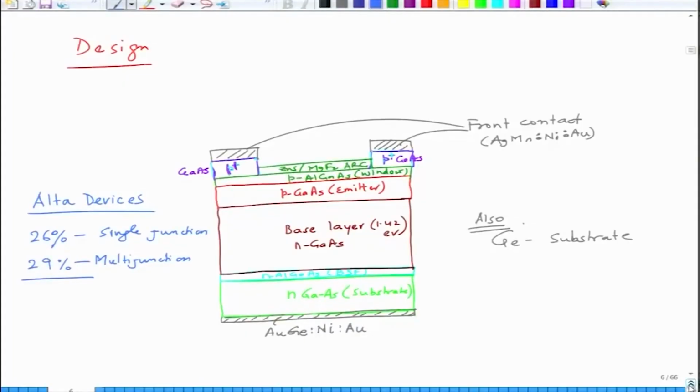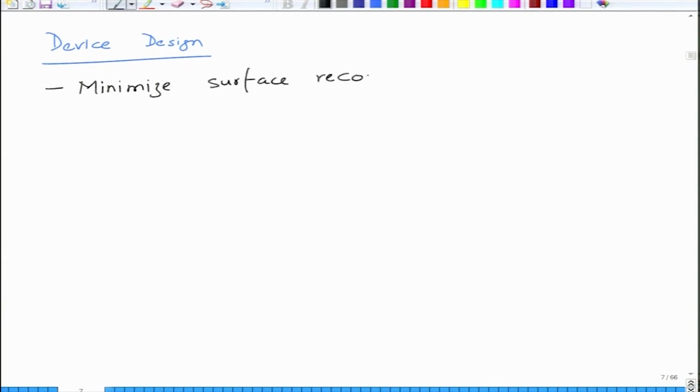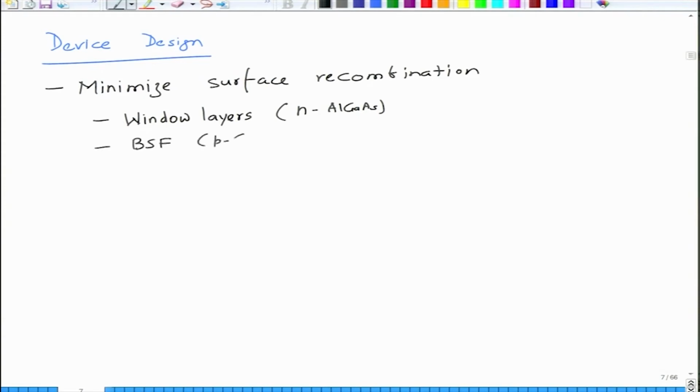So, these principles are valid, and so basically the device design requires one to minimize surface recombination, and for that people use these window layers, for example N type aluminum gallium arsenide, and you can use back surface field layers which are P aluminum gallium arsenide to reduce the surface recombination.